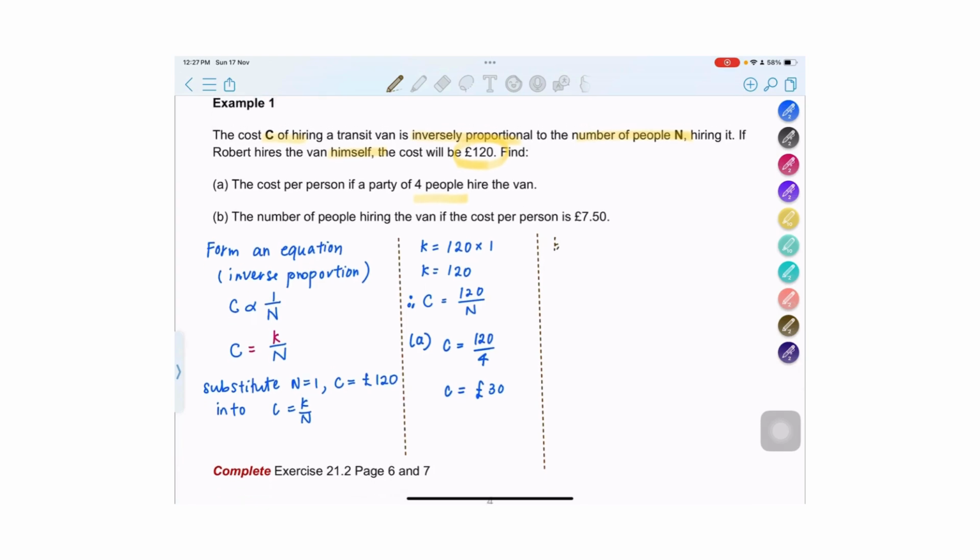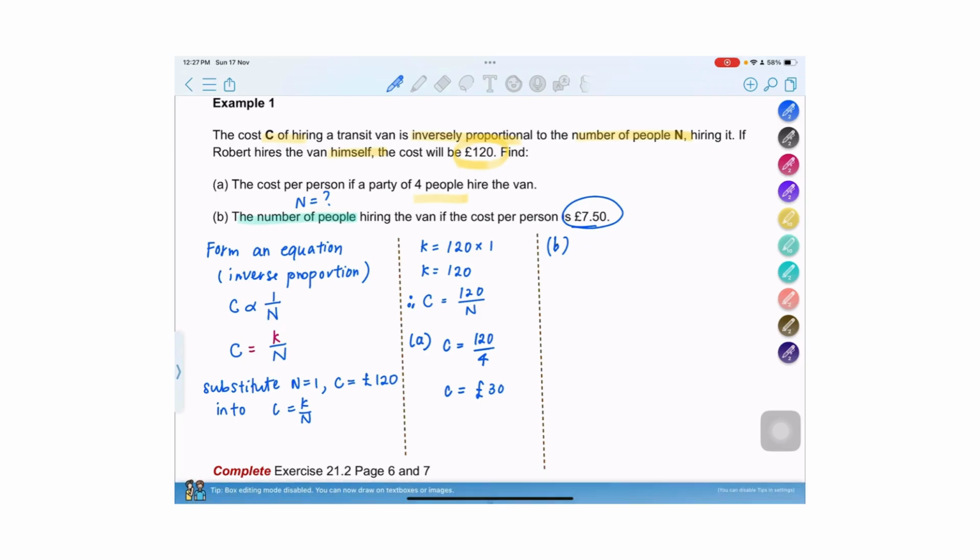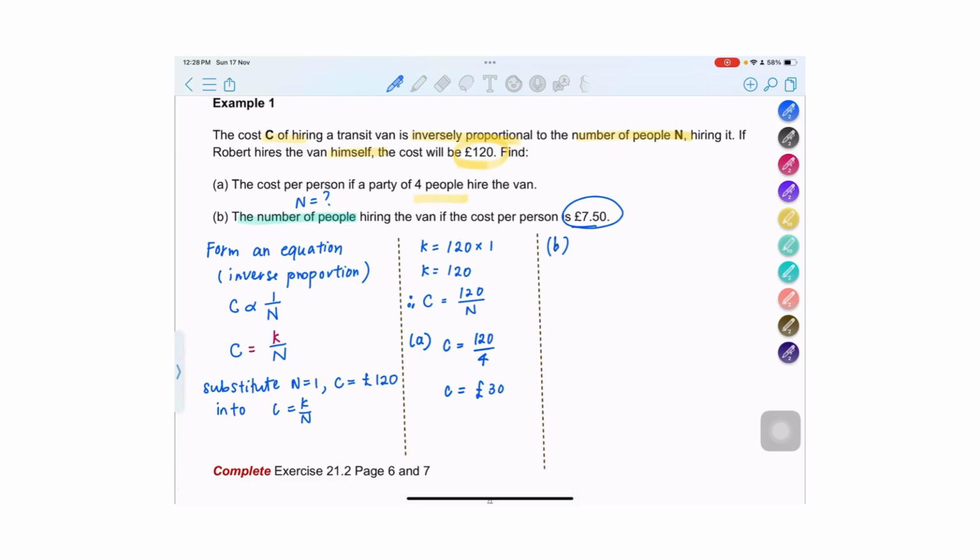For part B, they want you to find the number of people, so they want you to find n, if the cost per person is 750. This time round, we change the equation. Now the number of people, n, is the one we need to find. We know the per person cost is 750, so C equals 750.